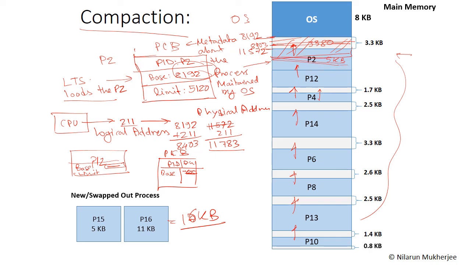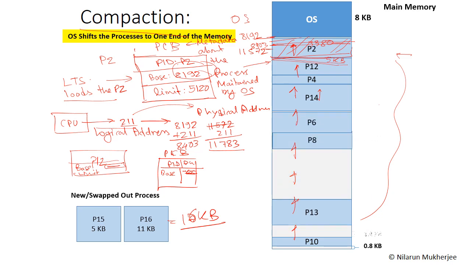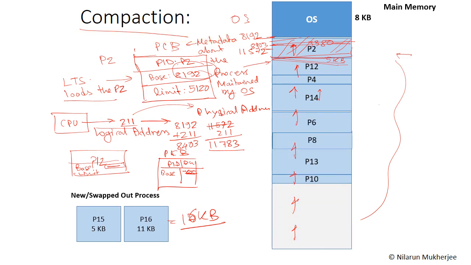Similarly P14, P16, P18, P13. So if we shift them and don't forget to change the base address, their execution can continue. Their execution will not be hampered. The logical address they generate can be correctly transformed to a physical address. So the shifting can be done to either end, and that method is called compaction.